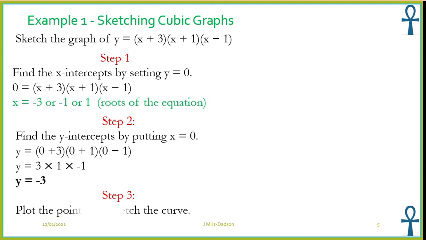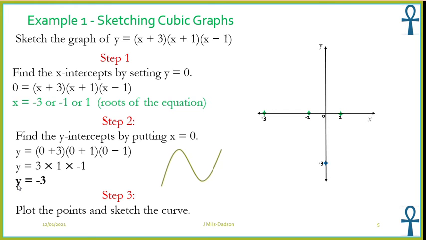So I'm going to do a sketch. On the x-axis, I need to mark negative 3, negative 1, and 1. Done. On my y-axis, I need to mark negative 3. Also done.